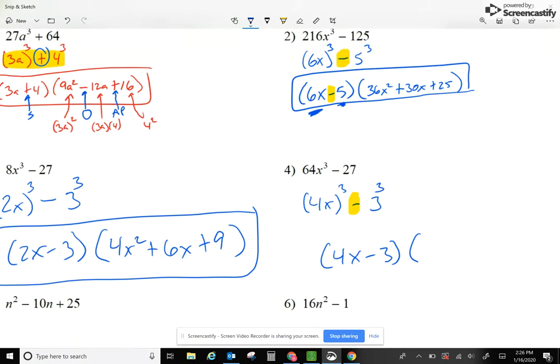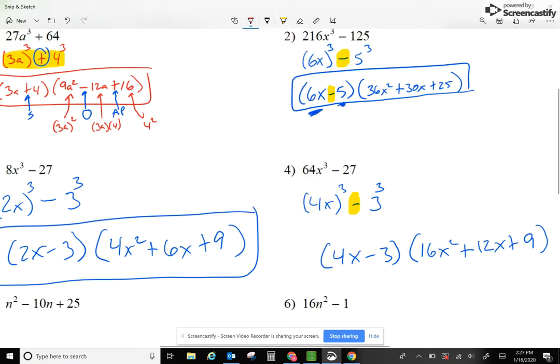For my first term on the second parentheses, 4x times 4x, 16x squared. The last term in my parentheses, 3 times 3, gives me 9. For the middle term, I'm going to go opposite sign. Instead of the minus, I'm using plus. And then 4x times 3, that's going to give me 12x.